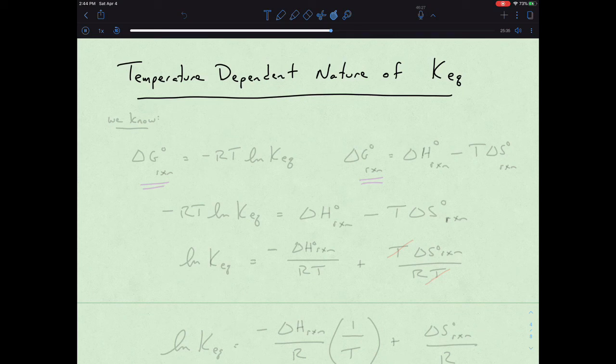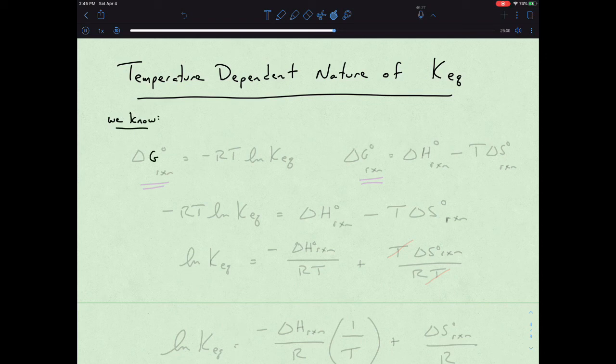How hot is it? How cold is it? Etc. And within this idea of thermodynamics, we now have two notions with delta G that invoke temperature as well as our equilibrium constant. For instance, what do we know at this point?